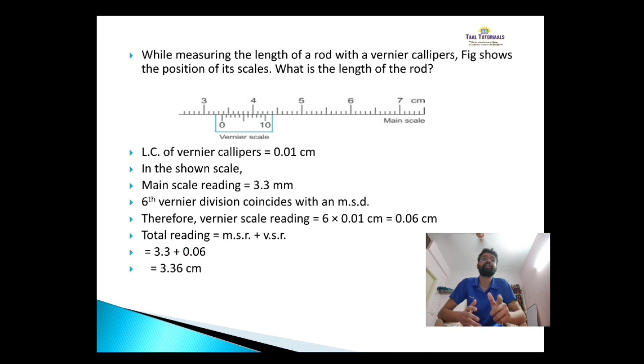Therefore, vernier scale reading is 6 into 0.01, that is least count, which becomes 0.06. We need to find the length of the rod or total observation, that is MSR plus VSR. MSR we got 3.3 centimeter and VSR is 0.06 centimeter. That is 3.36 centimeter.